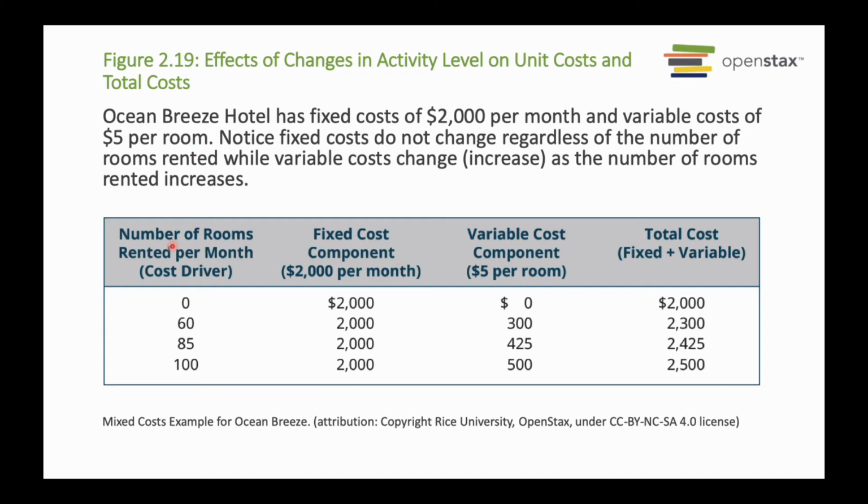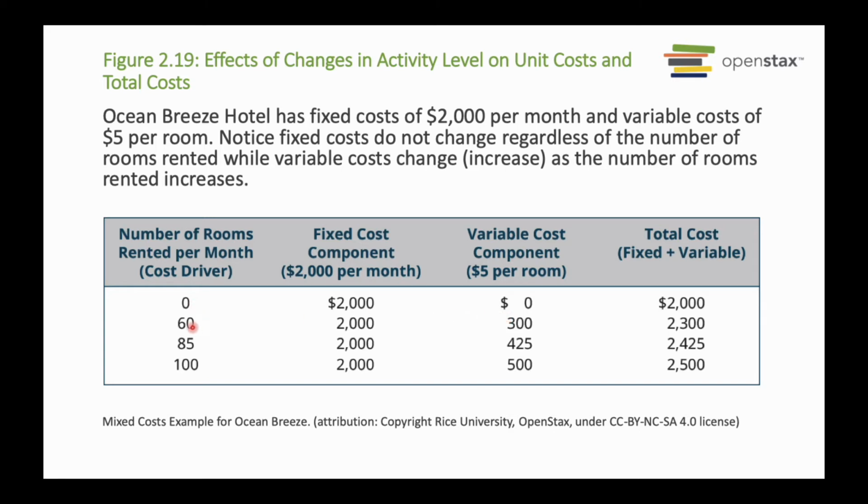In the first column, we assume a certain number of rooms is rented out per month: 0, 60, 85, and 100. Fixed costs per month will not change irrespective of the number of rooms that are rented out. The variable cost per month will change depending on the number of rooms rented out.